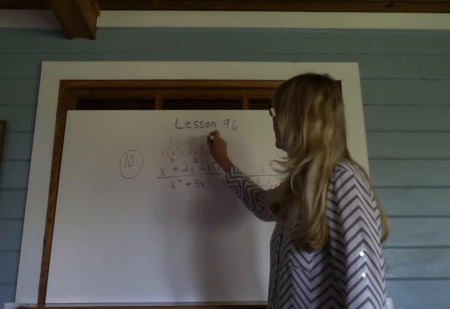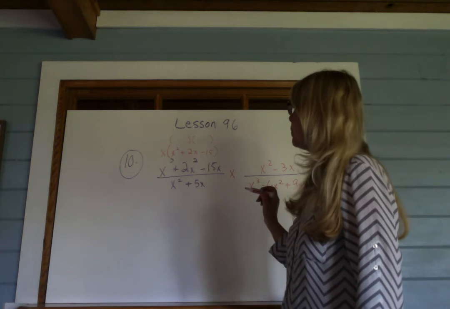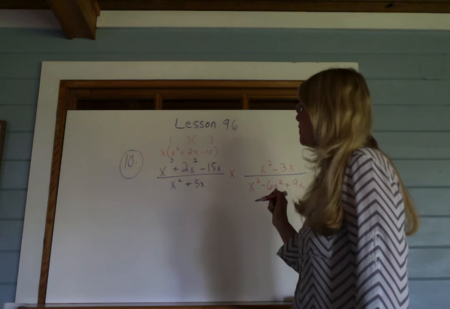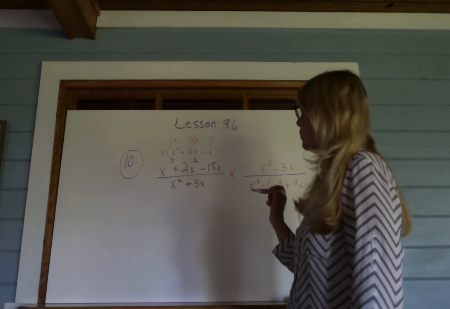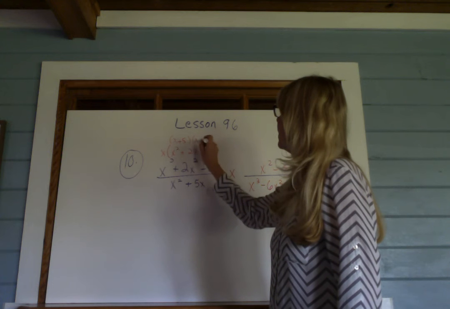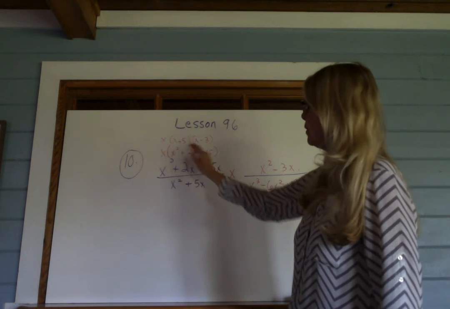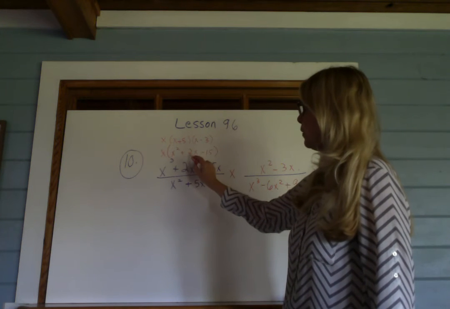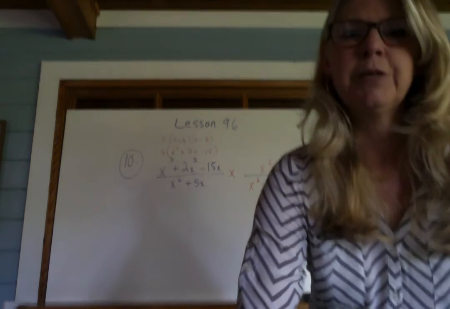So let's go back. What two numbers will give you negative 15 when you multiply, but when you add them, you'll get 2x? So let's see, 5 and 3. Which one's going to be negative? Which one's going to be positive? The 5 has to be positive, and the 3 has to be negative. Okay? I'm not going to take too much time, but if you do your multiplying, you'll come back to this trinomial. All right, so he's simplified as much as I can possibly do right now.